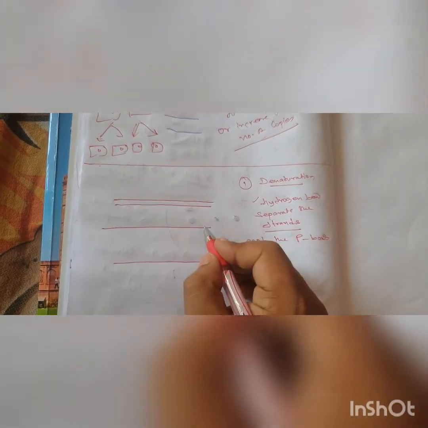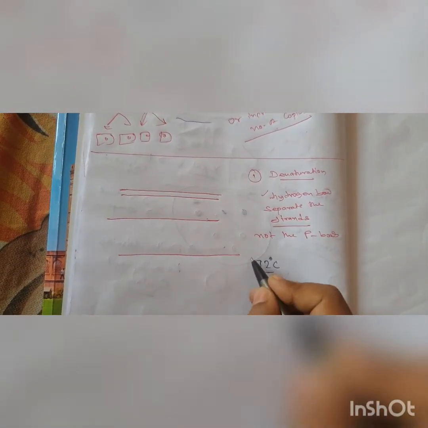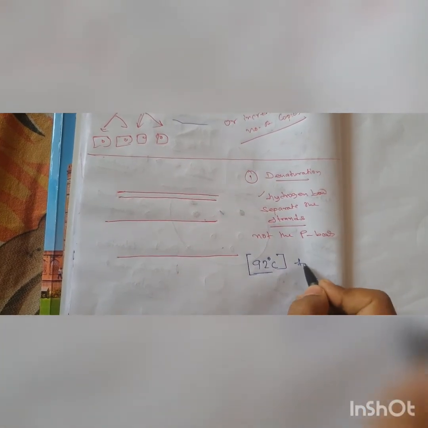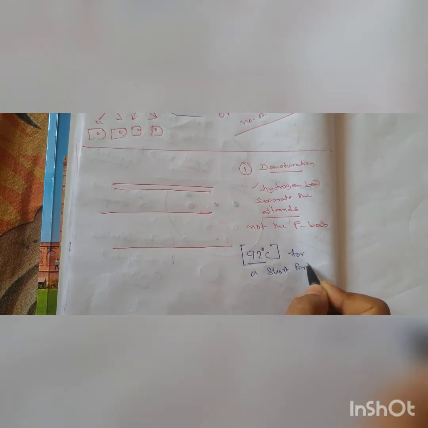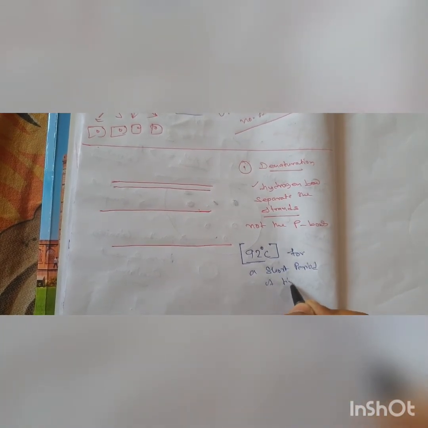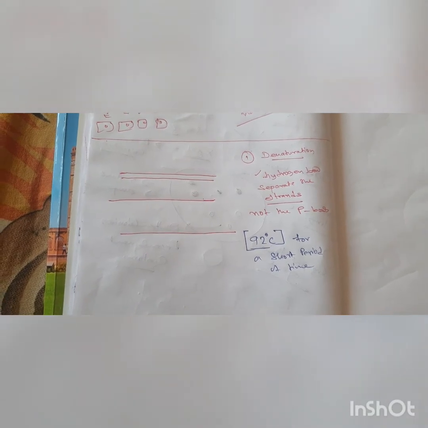Now, for denaturation, for the first step, you will give a temperature of 92 degrees Celsius for a very short period of time, so that they separate out. Now, you will lower the temperature a little bit.